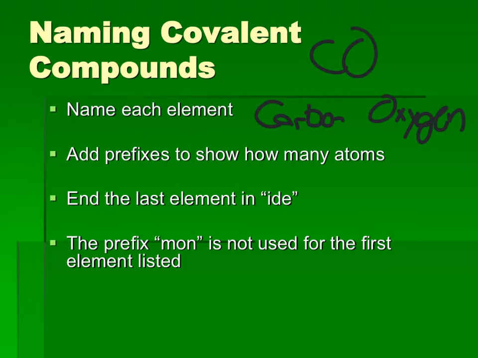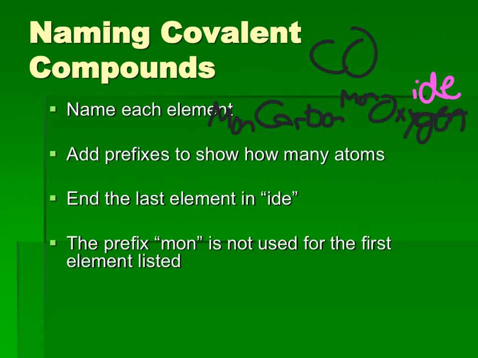Looking at our prefixes from last slide, we have 1 carbon, so we would say mon carbon, and then we have 1 oxygen, so we'd say mon oxygen. Step number 3, end the last element in "ide." So similar to what we did before, it's no longer oxygen, it just becomes oxide.